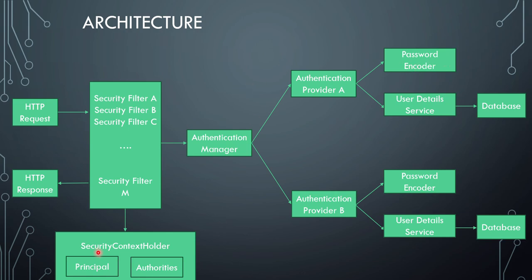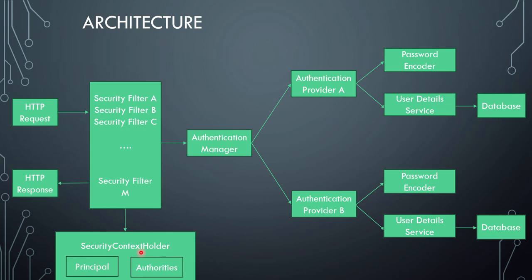There is another component, the SecurityContextHolder. What does this SecurityContextHolder do? This class manages the user's security context throughout the request and response life cycle. Whenever a request comes and the whole process completes and returns the response, during this process the user's security context is maintained by the SecurityContextHolder. It also stores the information about the currently authenticated user, such as roles and other security related data.